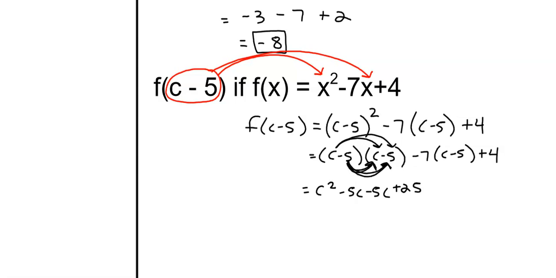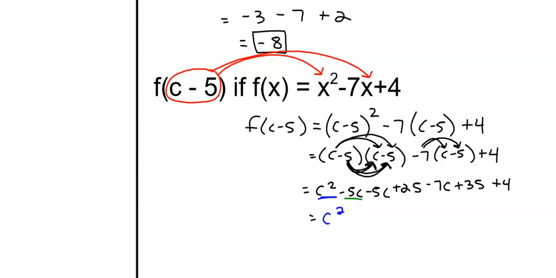And then I'm just going to keep on going. We need to distribute this negative 7 out. So negative 7c plus 35, and then plus 4 at the end. Okay, at that point, it's just a whole bunch of combining like terms. So the only squared that we do have is this c squared. Then we're going to look for all the terms that have a c in them.